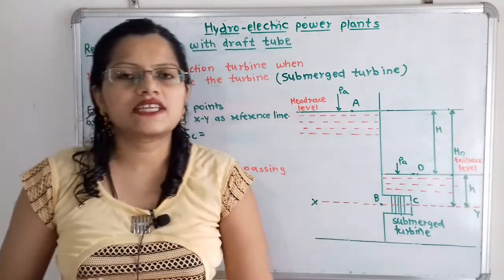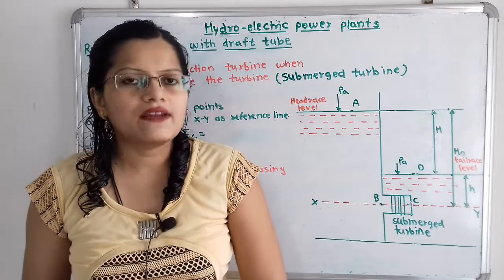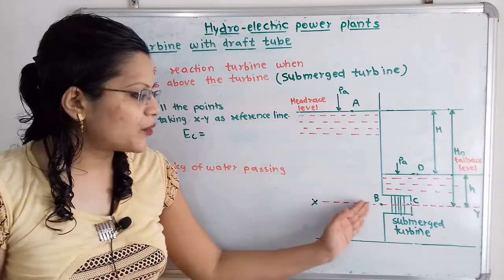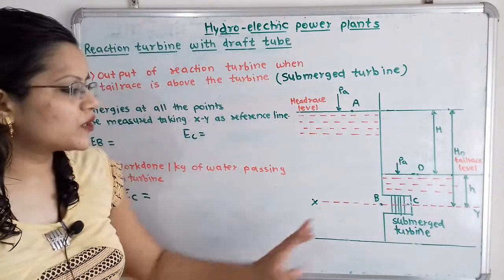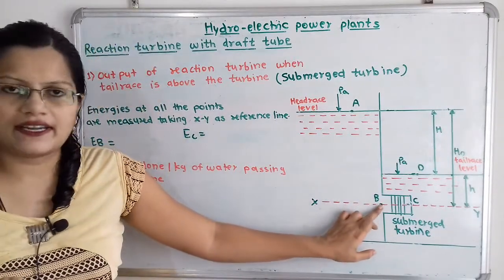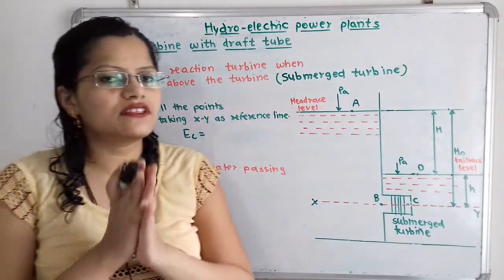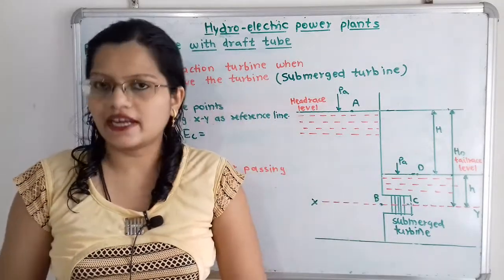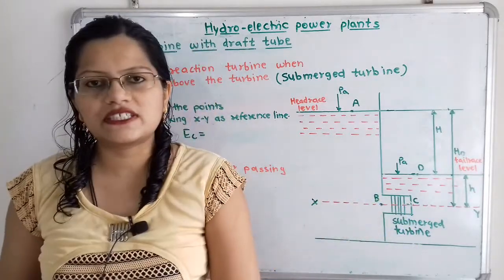This pressure is getting converted into kinetic energy. So while writing the energy at point B, we have to write the pressure head at point B, and because the fluid is in static condition, there is no kinetic head.